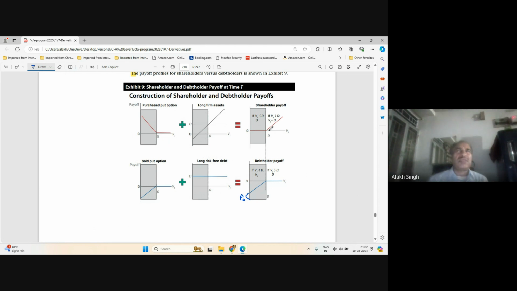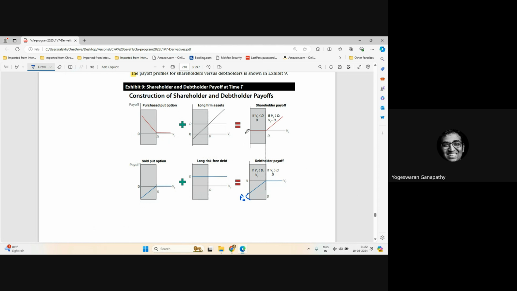So the shareholders have bought a call option on the assets of the firm, and they also bought a put from the debt holders. So they bought two things: long firm assets and purchased a put from the debt givers.